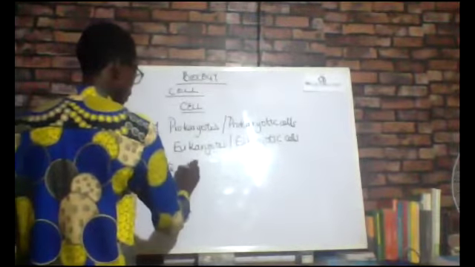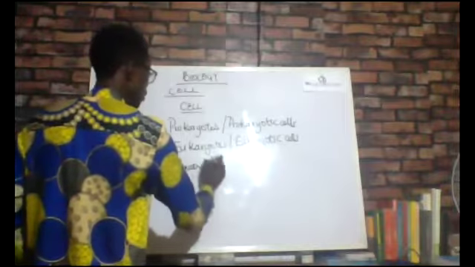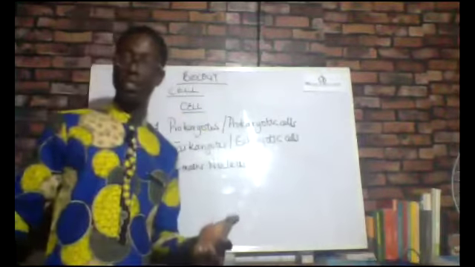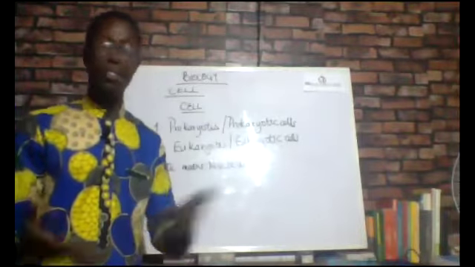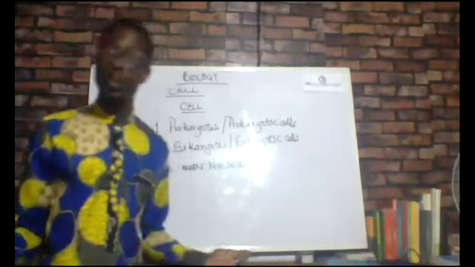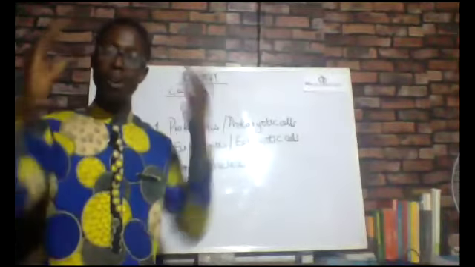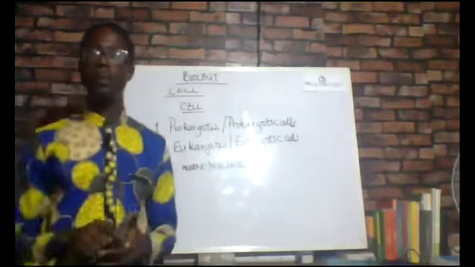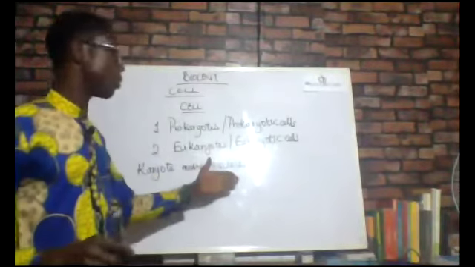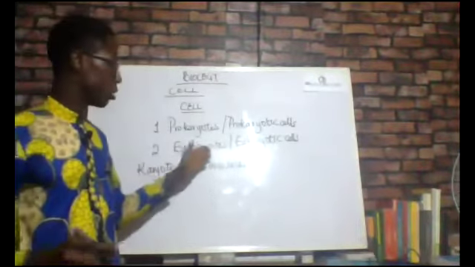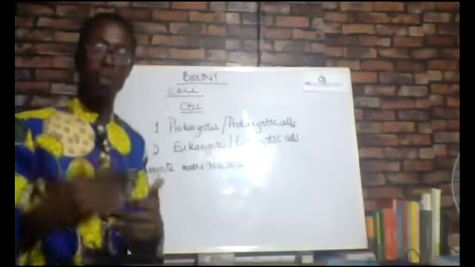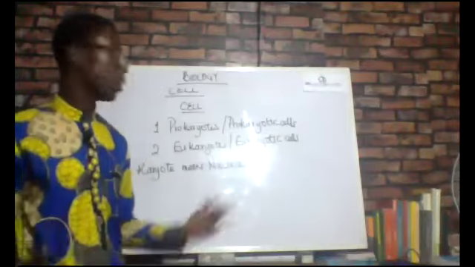Karyotes means nucleus. Now we all know the nucleus. Even if you're just starting SS1, you know from junior secondary school that all cells have a nucleus, which is the central part where the genetic material is found. This nucleus is the major keyword here. When we say prokaryotes, pro means before, a preliminary stage of a particular thing.